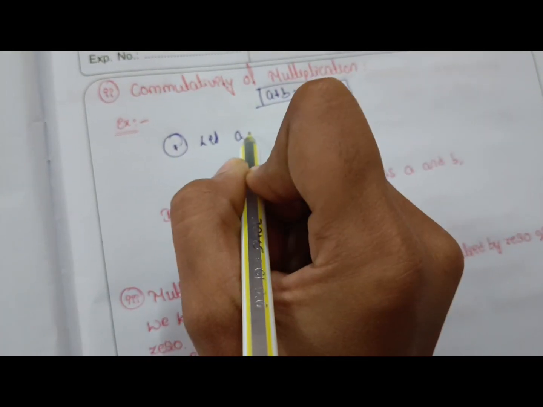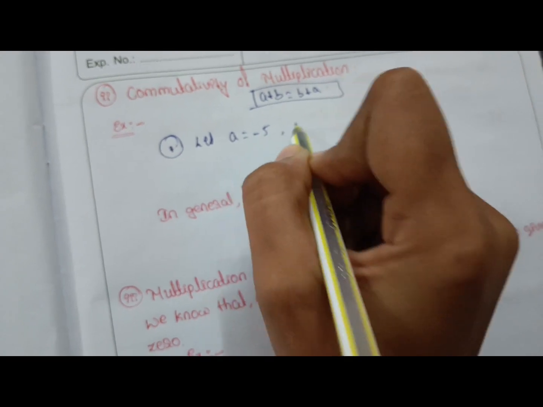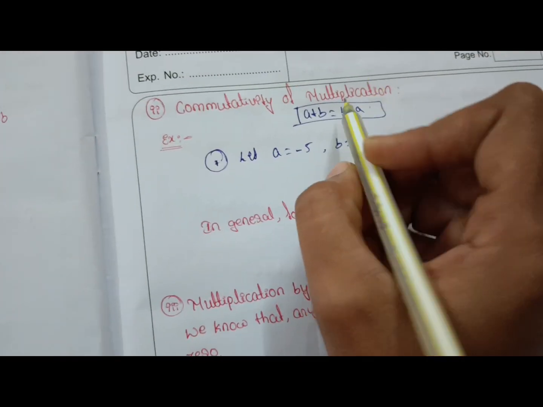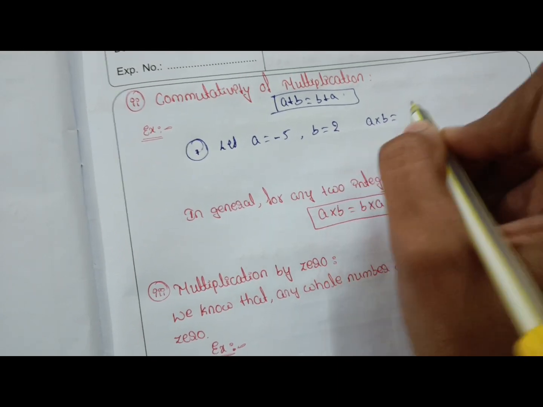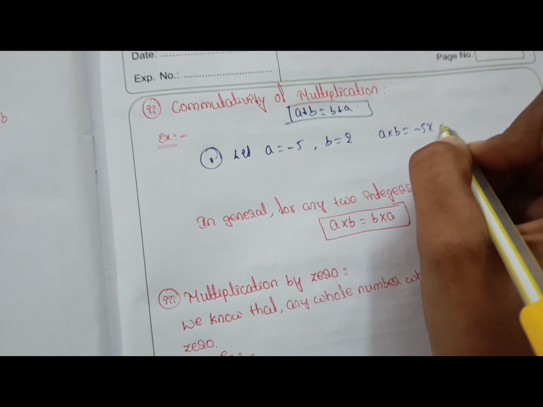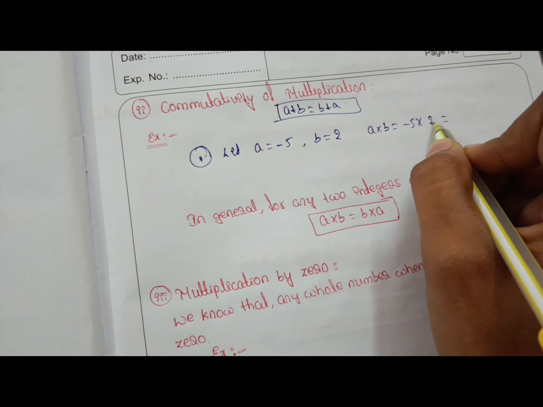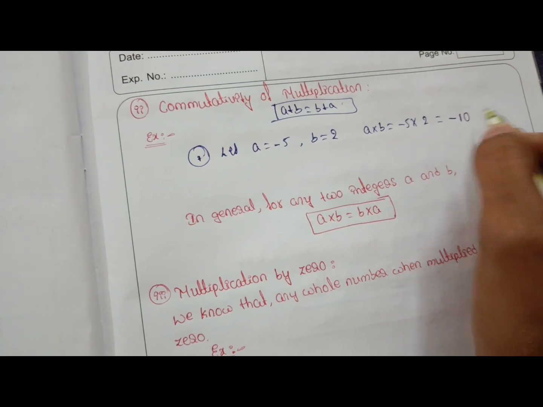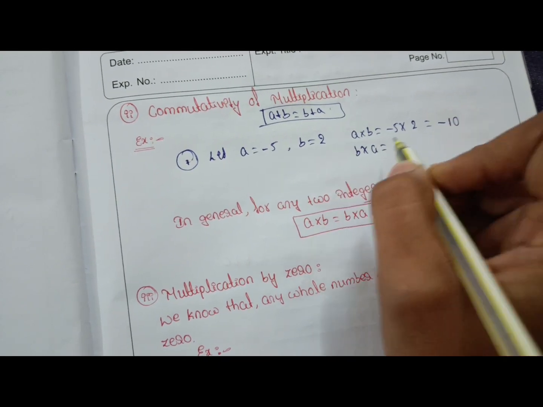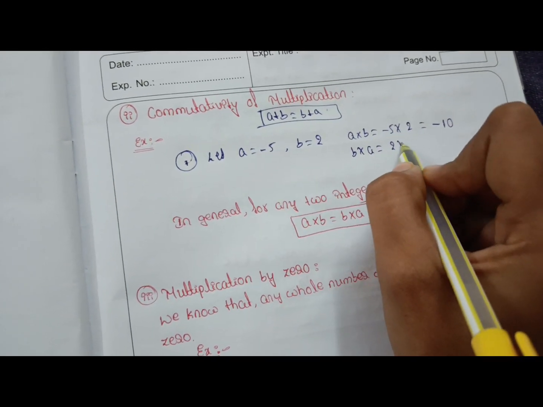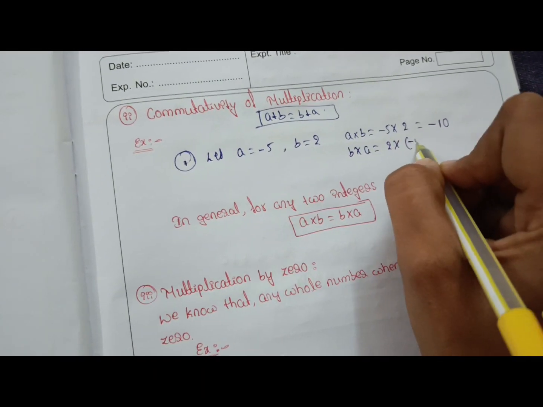Let a is equal to minus 5, b is equal to 2. A into b is equal to minus 5 into 2. That is equal to minus into plus, minus. 5 2 is 10. Now we will take b into a. B into a is equal to, b means 2, 2 into minus 5.